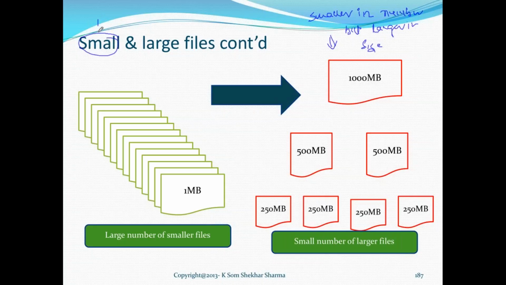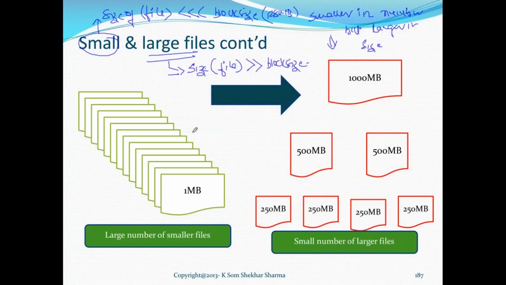So what are large files and small files? Small files are those where the size of the file is very much less than the block size, the default block size being, let's say, 128 MB in Hortonworks. Larger files are those where the size of the file is very much bigger than your block size.